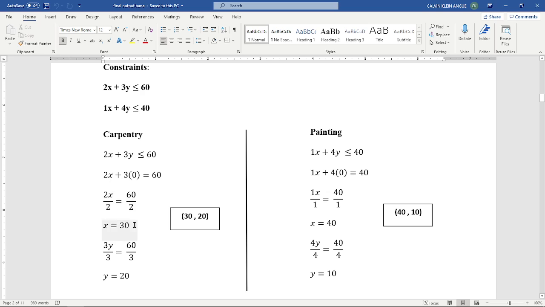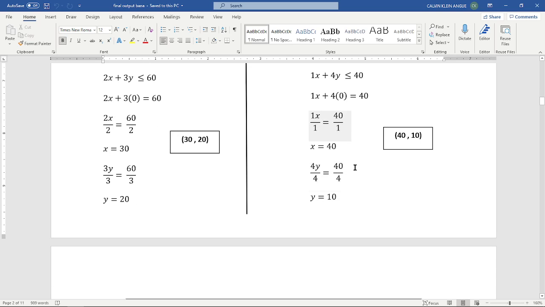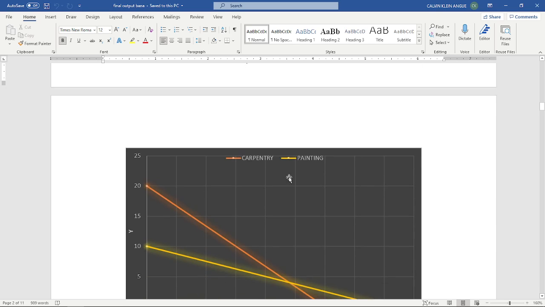Then x equals 30. Then, setting x to 0, 3 divided by 3 equals 1, so y equals 20. The same as for painting: you change y into 0, then x into 0, and you will get 40 and 10. Your x will be 40 and y equals 10.